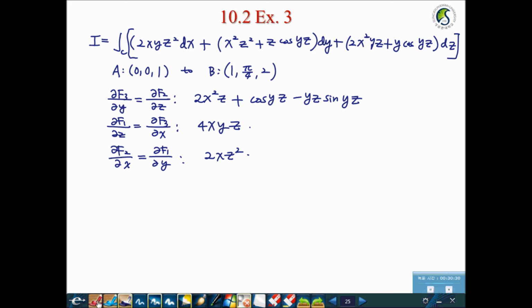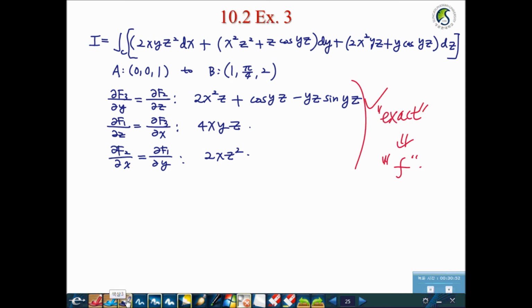And so we verified those are exact, and so now we can get f all the time. So we don't have to spend time to get f, but this is the checking condition before we proceed, okay?